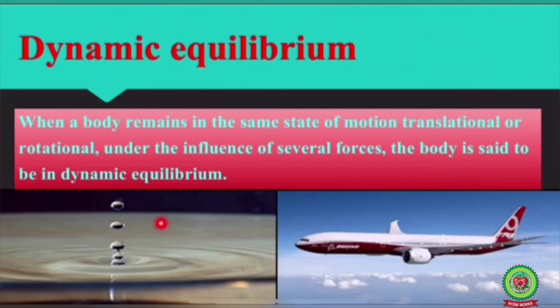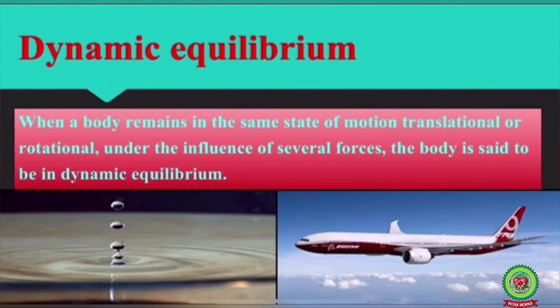Next is dynamic equilibrium. Here, a raindrop is falling. And we have one more example: an aeroplane flying at a constant height. When a raindrop is falling down, its weight is acting vertically downward, buoyancy is acting upwards, and so many other forces are acting on it. But still, a raindrop falls down with a constant velocity. And in case of an aeroplane flying at a constant height, the weight of the aeroplane is acting vertically downward and the upthrust or buoyancy is acting vertically upwards, and so many other forces are acting on this plane, but still this plane manages to fly at a constant height.